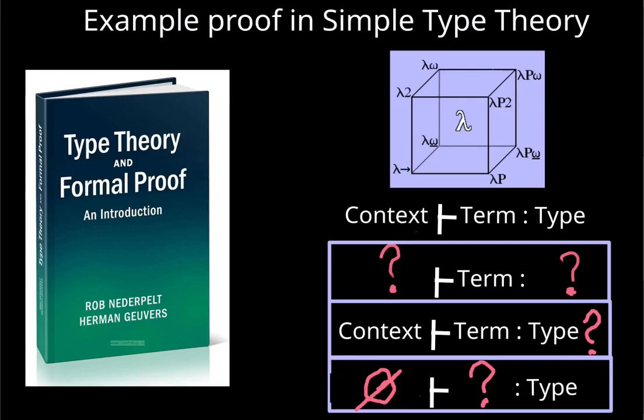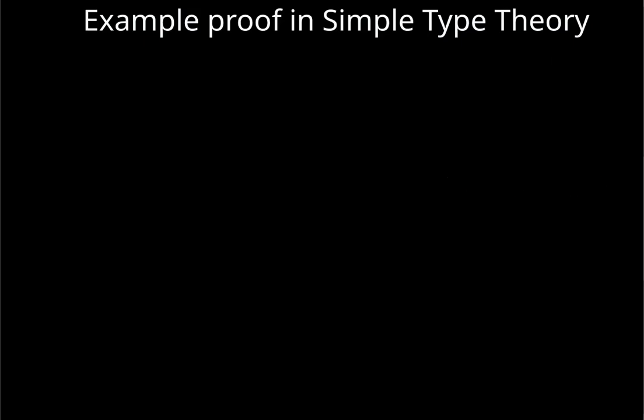Okay, so now for the actual practicalities, this is where we get into the meat of everything, right? So the example I want to show, if you have this book, it's on page 45. That's the example I want to illustrate. I think they just show the finished thing, right?